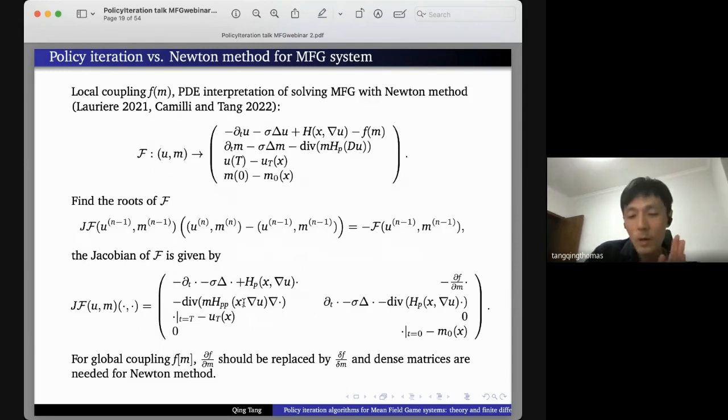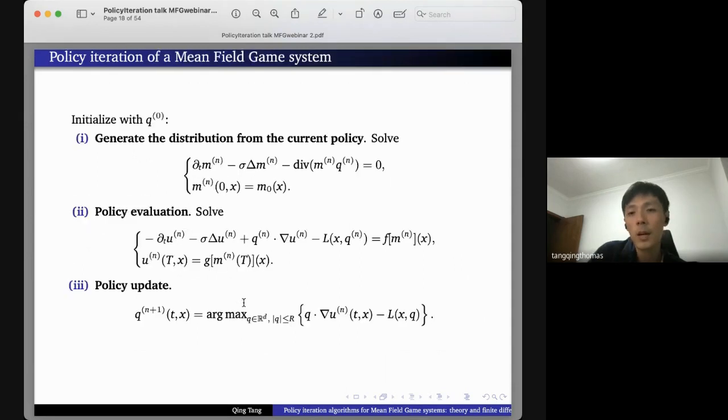Continuing from my comment, in the paper of Camilli, Carcassi, and Goffi, they assumed F to be a local coupling, a locally uniform coupling. But you can see that one can extend the theory to global couplings.